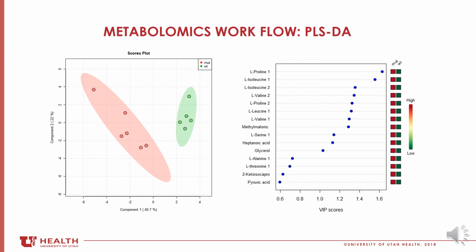The problem is it does not contain any statistically relevant information such as p-value and fold change. It just simply finds differences. But a useful aspect of PLS-DA is it produces a VIP scores plot shown here on the right, and this gives you an idea of what metabolites are contributing the most to class separation.